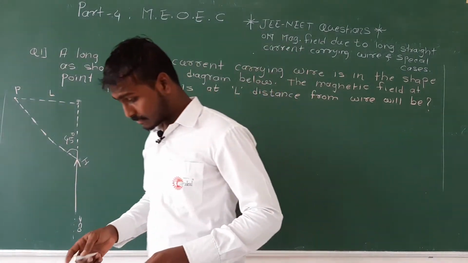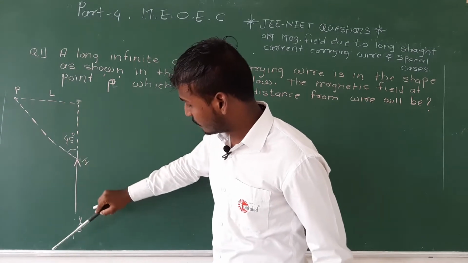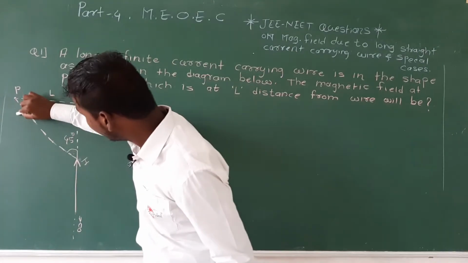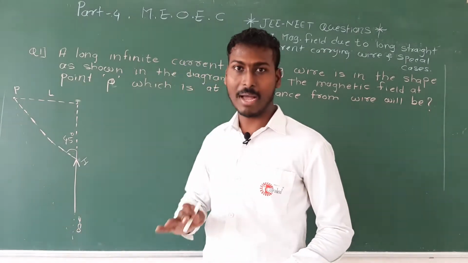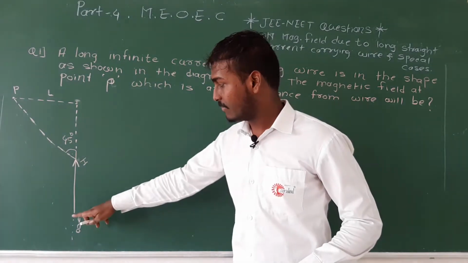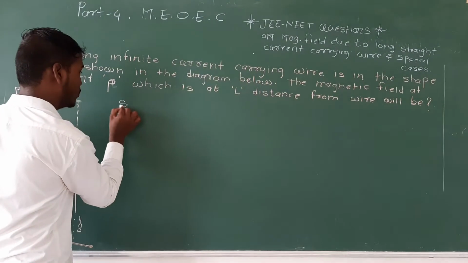Here, one angle we can easily find out. From point P we can go to infinity, so the angle here was alpha, you know that. Now the solution.